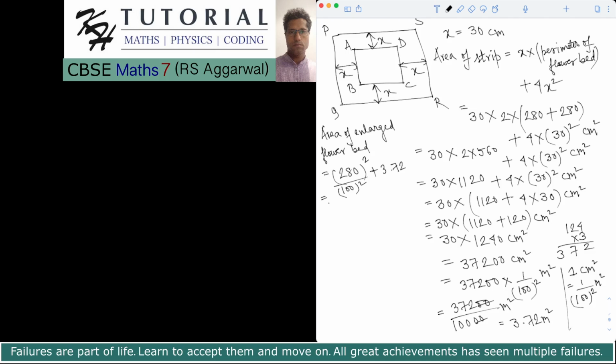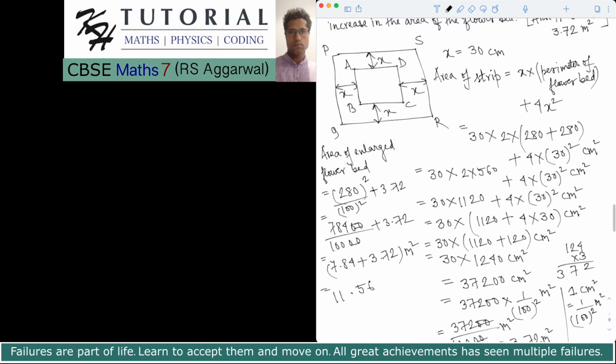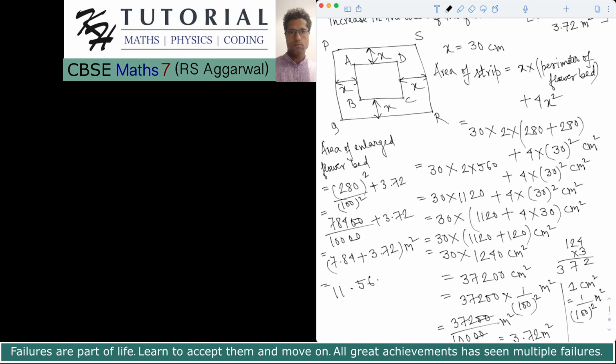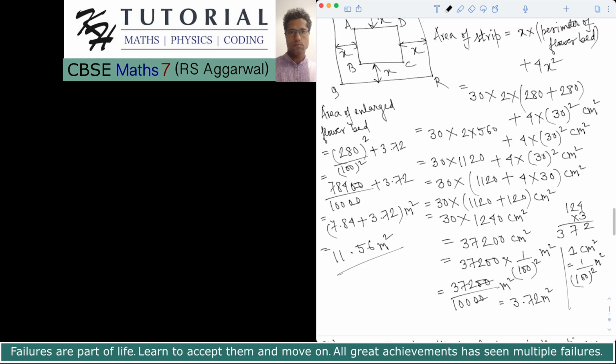So this becomes 78400 divided by 10000 plus 3.72, this much meter square. This is equal to 7.84 plus 3.72, this much meter square, and this is equal to 11.56 meter square. 11.56 meter square is the area of the enlarged flower bed.